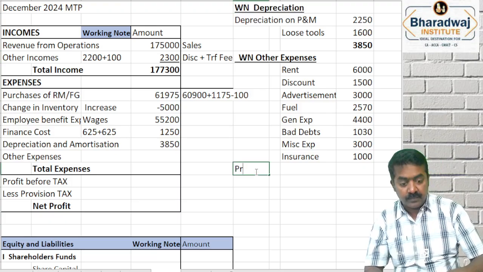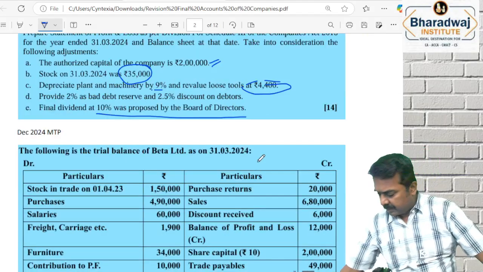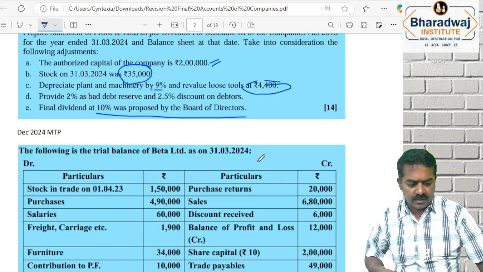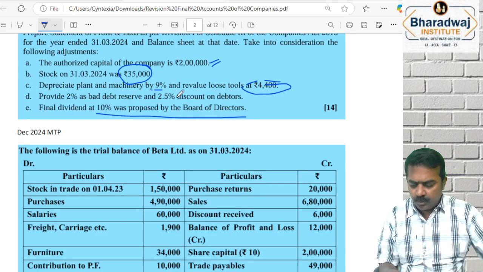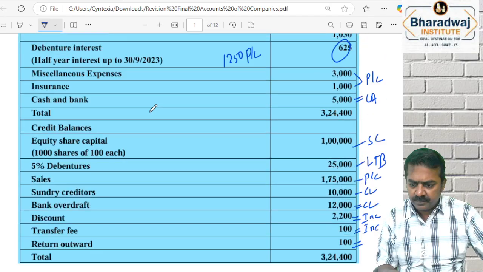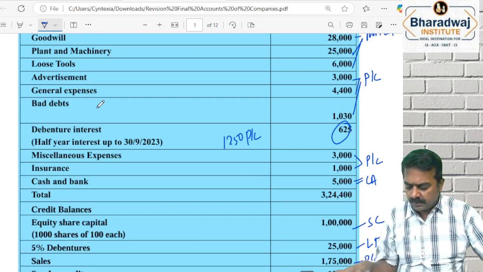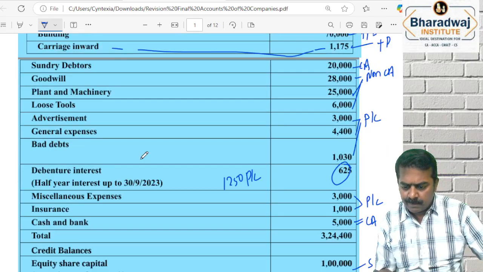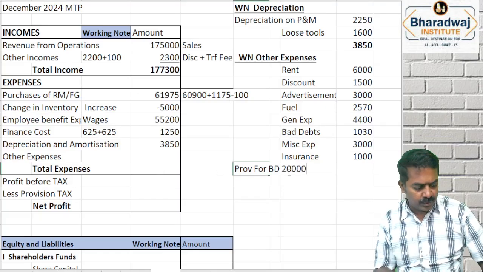Provision for bad debts. Yes, provision for bad debts. We have to provide at the rate of 2% on debtors balance. $20,000 into 2%.